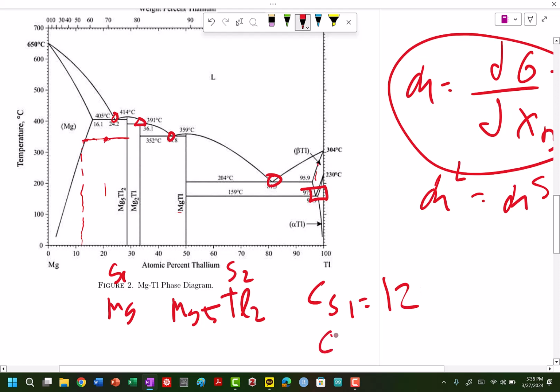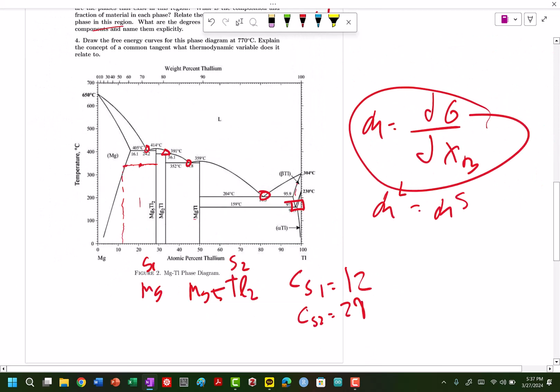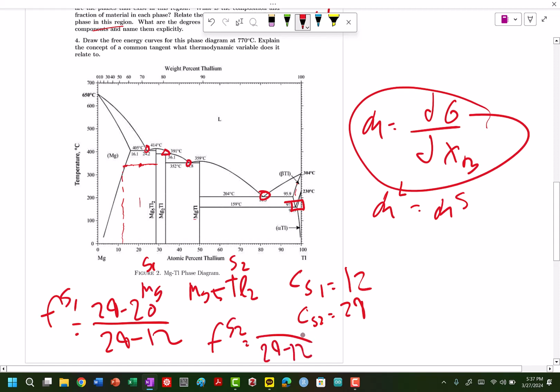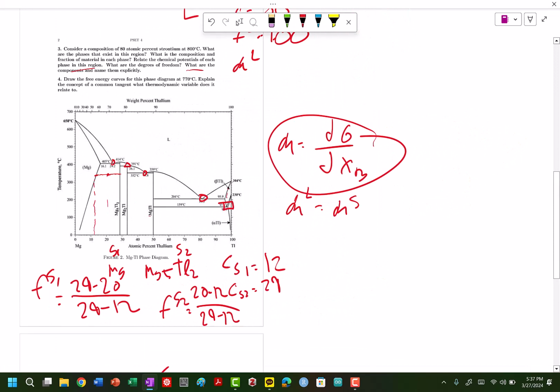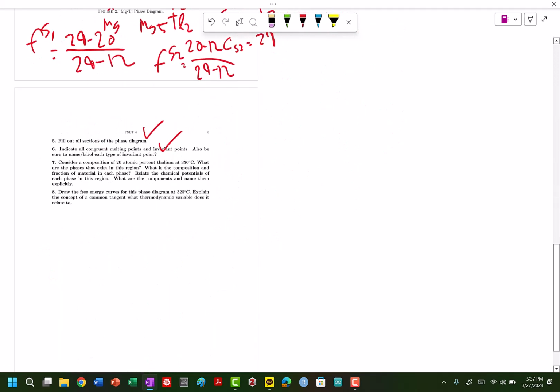That's going to be 29. So my fraction in the solid 1 phase will be 29 minus 12 in the denominator, and I run away, so for solid 1 the numerator is 29 minus 20. And the fraction in solid 2 has that same denominator, but now run away from there, so it's 20 minus 12. And there we go. It looks pretty 50-50, and that's what the variables say.